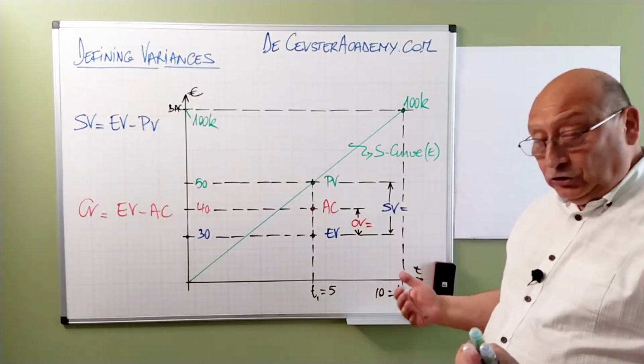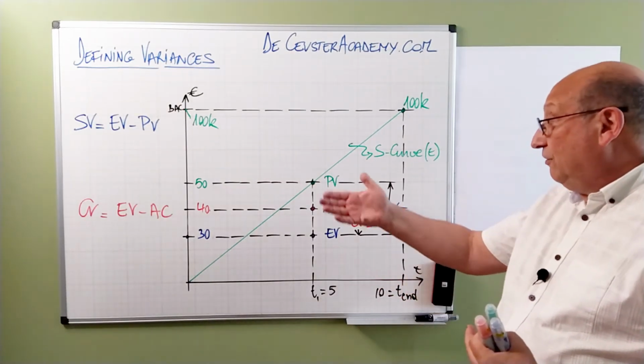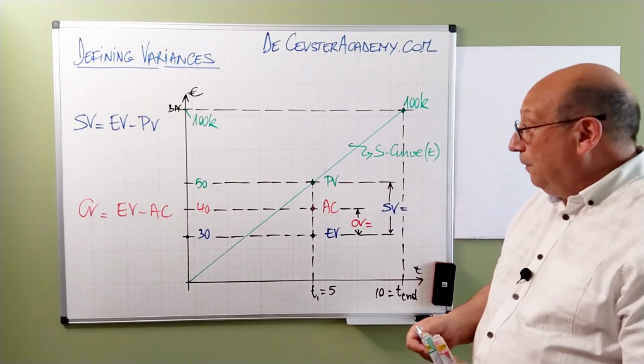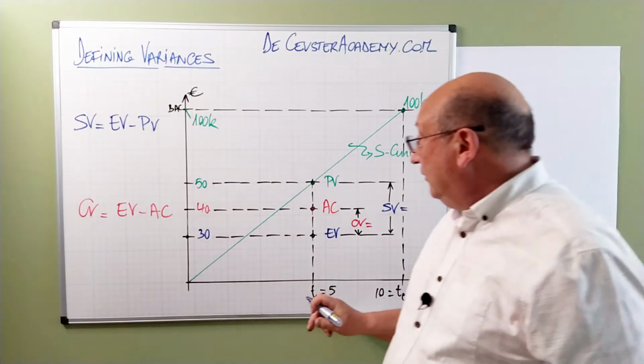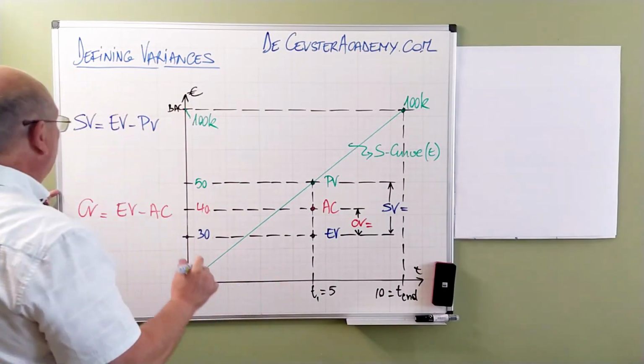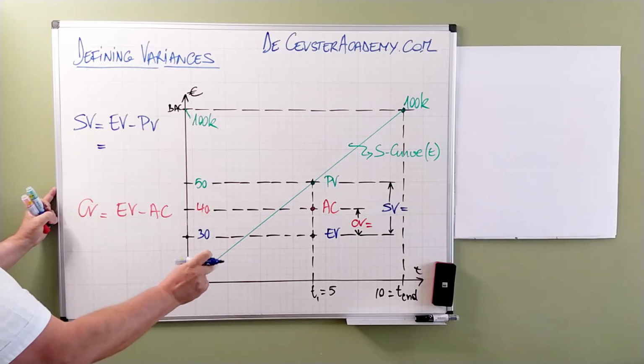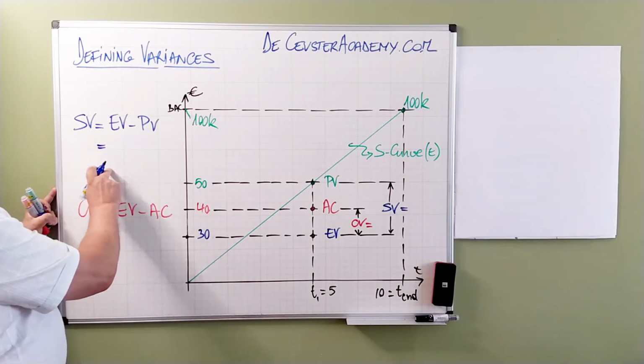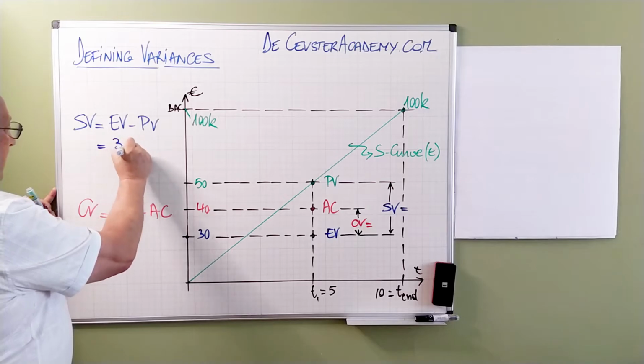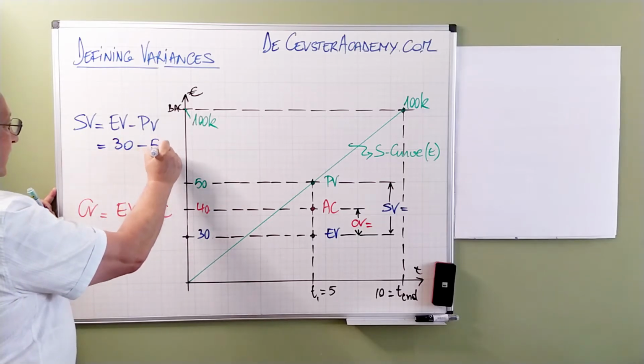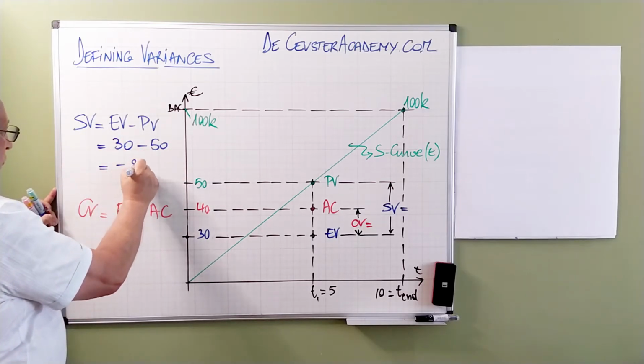Doing this, we can write these formulas and put the numbers in there. The schedule variance is equal to the earned value, 30, minus the planned value, 50, which is minus 20.